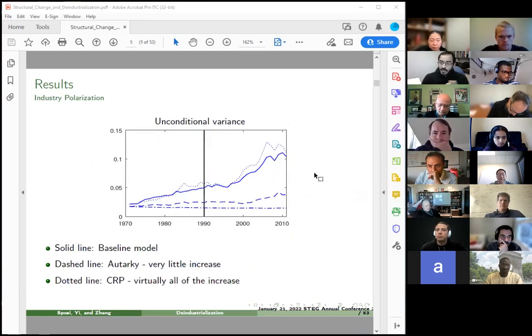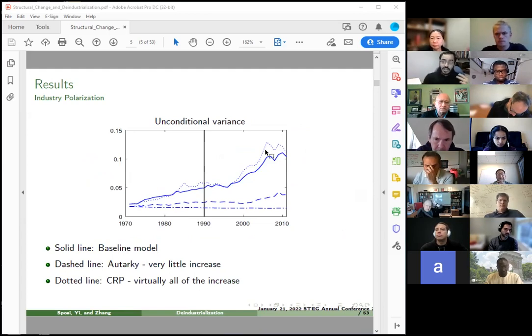But let me first talk about the implications for industry polarization. I'll just mention this very briefly. The solid curve is the baseline, and this dotted curve that shoots above it is the scenario where we have trade integration but constant relative productivity growth. So basically, trade integration is the key driver of this increased dispersion of manufacturing activity across countries.